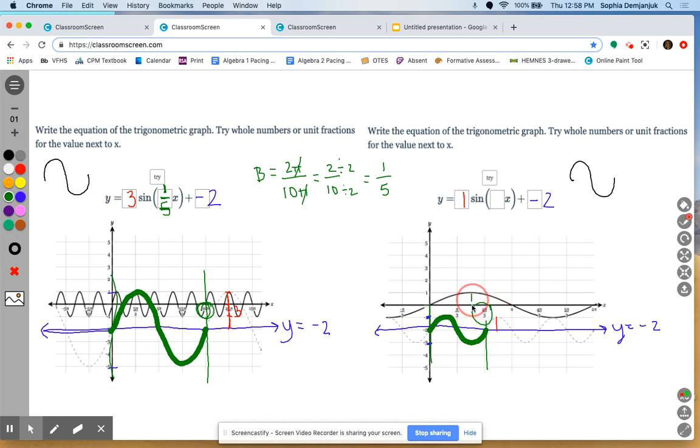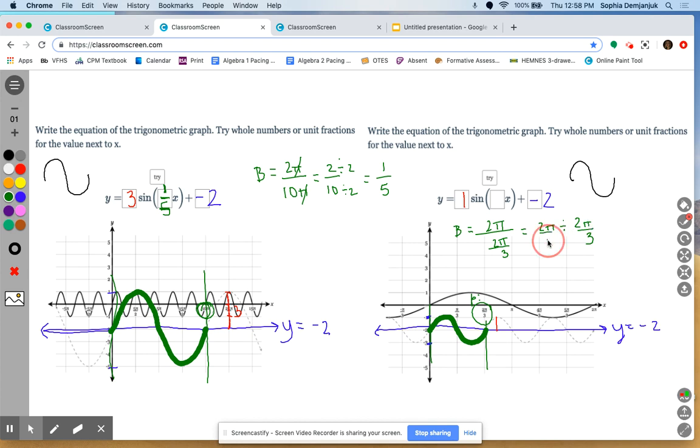So my period is 2 pi over 3, but I need to solve for what that means in my equation right here. So I'm going to do b equals 2 pi divided by the period. My period is 2 pi divided by 3. You could rewrite this by doing 2 pi divided by my period, 2 pi over 3. And we know when we're dividing a fraction, we need to do keep, change, flip.